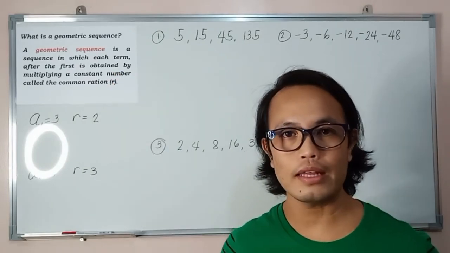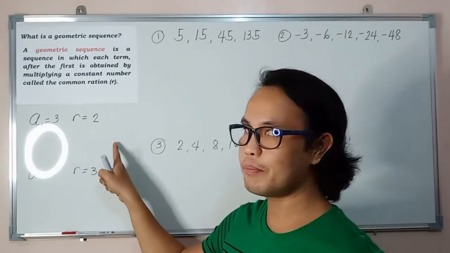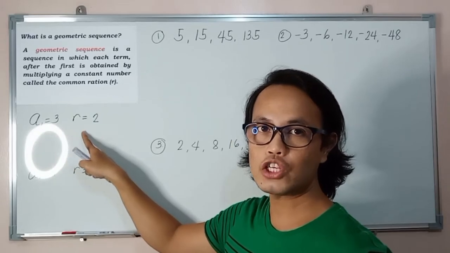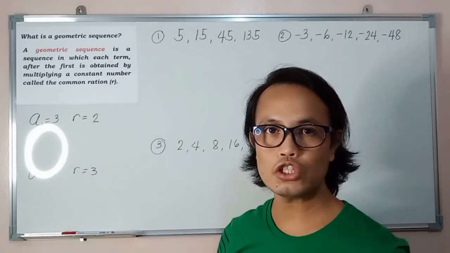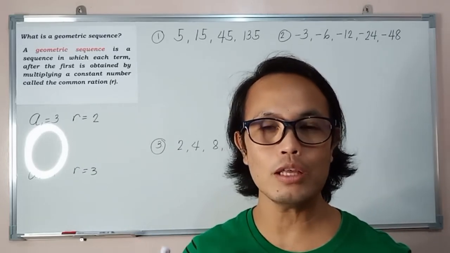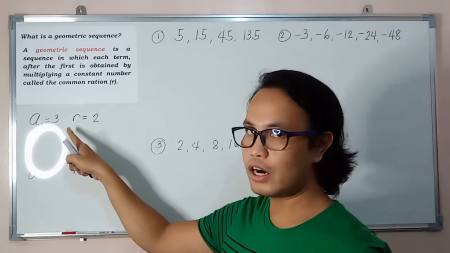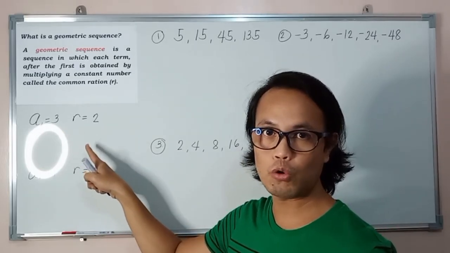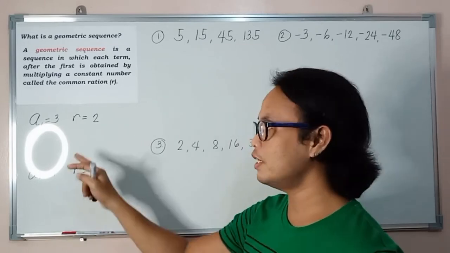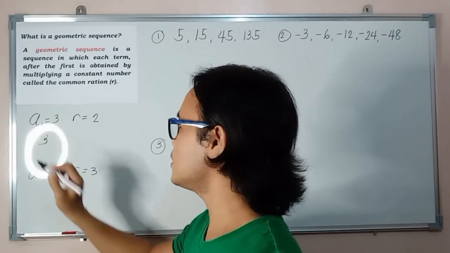So how do we write the terms in a geometric sequence? Given the first term, in this example, we are given the first term a sub 1, which is 3, and our common ratio is 2. According to the definition, each term in a geometric sequence is obtained by multiplying by the common ratio. In this example, we have r, or common ratio, which is 2. So to write the terms of a geometric sequence for this example, of course, our first term is 3, which is given.